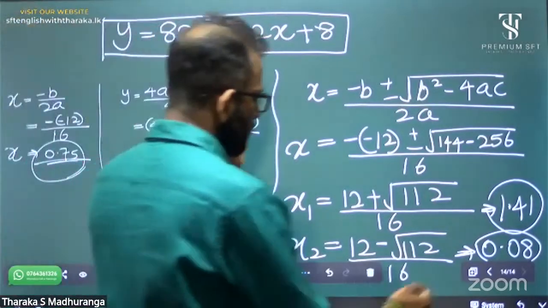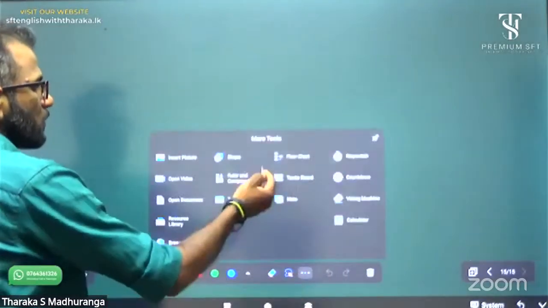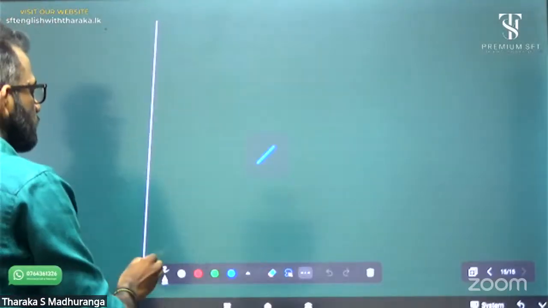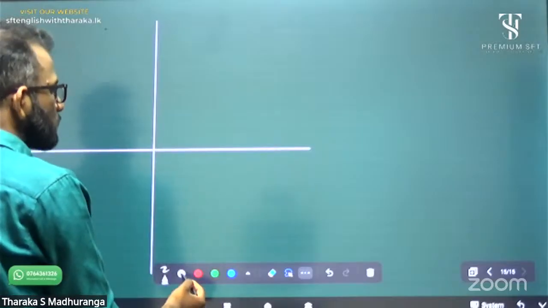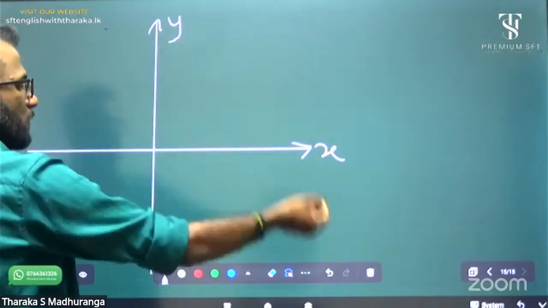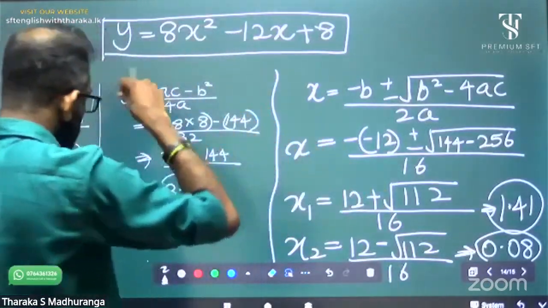Okay. Now you can sketch the graph on the Cartesian plane. This is the x-axis, this is the y-axis. First get the turning point coordinates, 0.75 and 3.5.